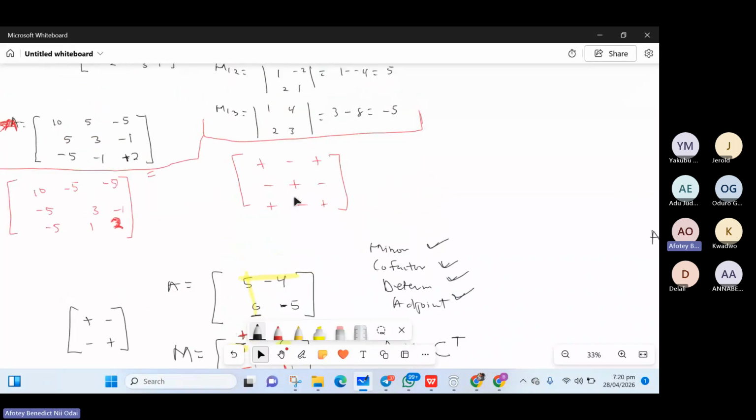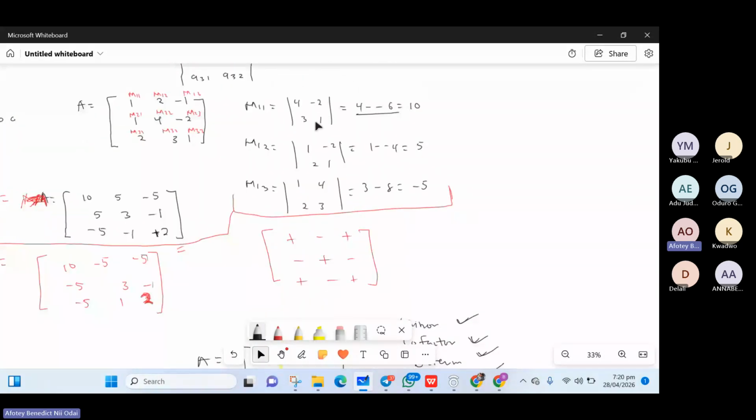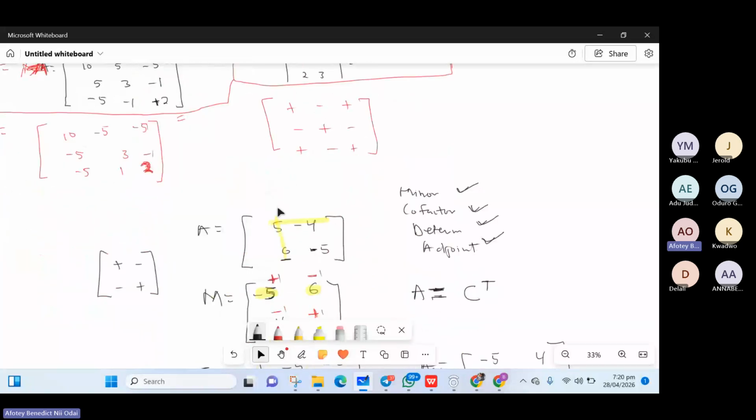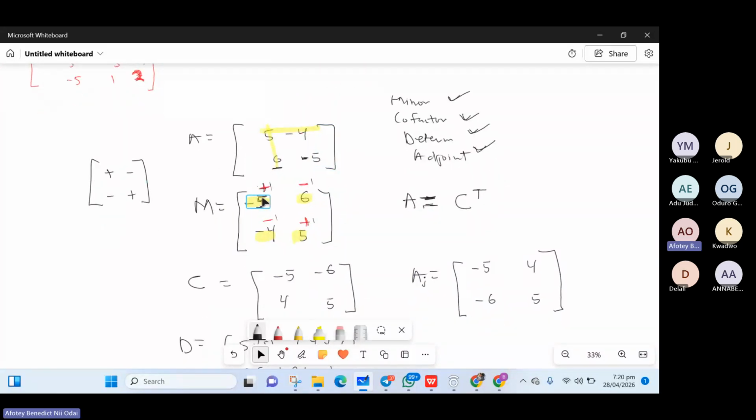That was the case of the 3 by 3 matrix, where we got these minor formulas in this form. For the 2 by 2 matrix, when you cross out, you only get one entry. So you write your entry as it is because you can't find a determinant of just one entry.